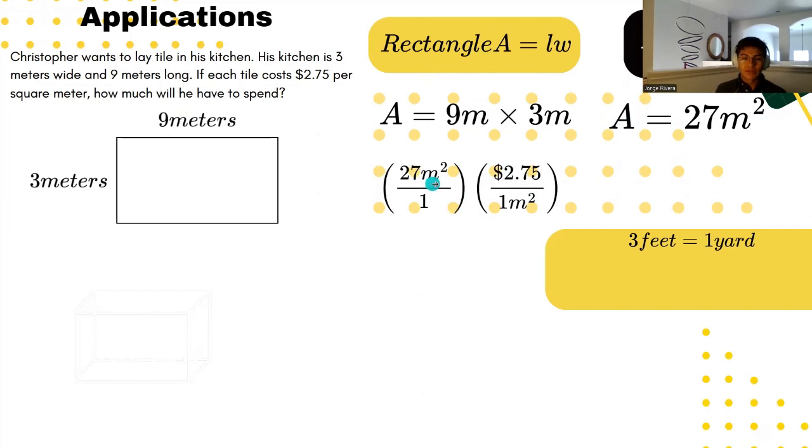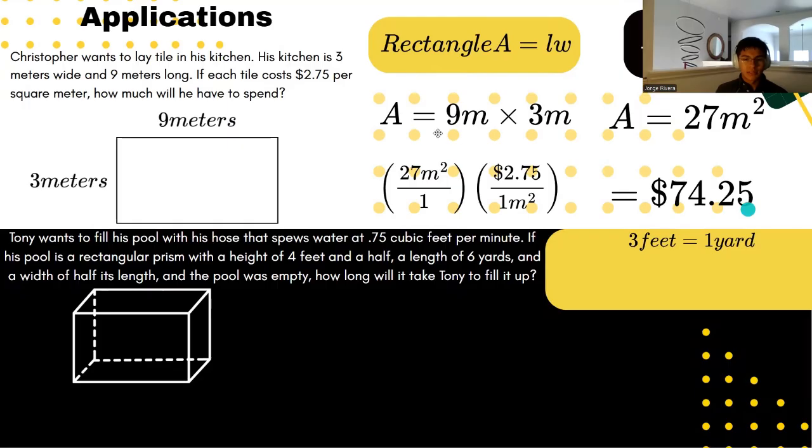We have 27 meters squared and 1 meter squared, and since it's 1 meter squared for every $2.75, we can just multiply these out. That means the total cost that he will have to spend to tile his kitchen is going to be $74.25.